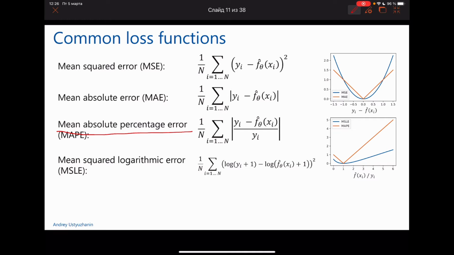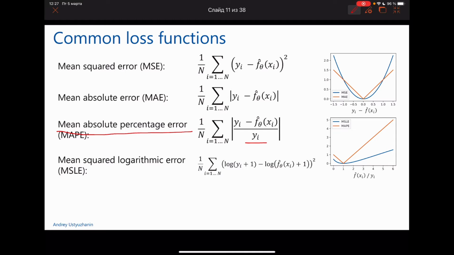So in case you're interested not in absolute values but in values relative to the magnitude of y, it goes a little smoother.